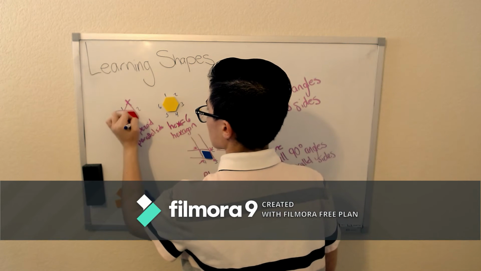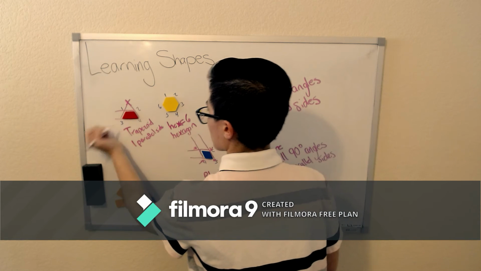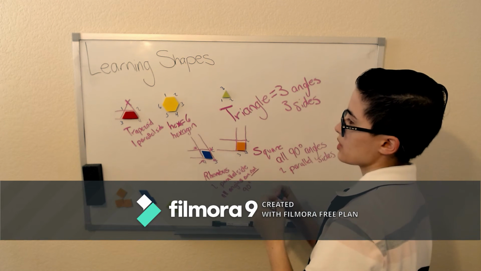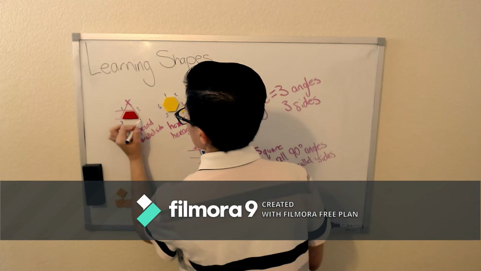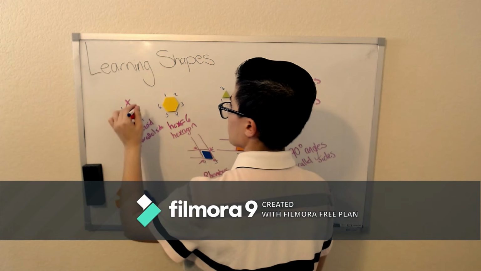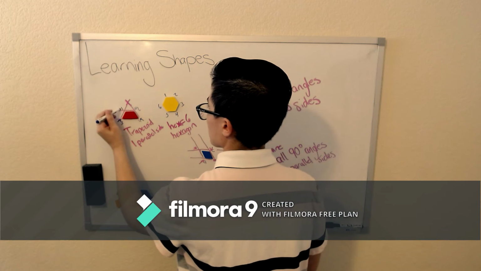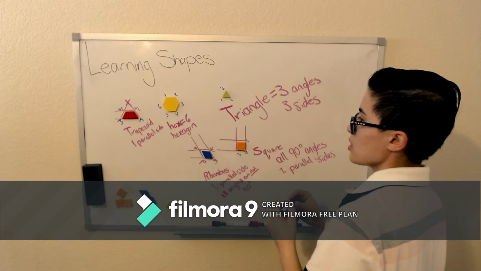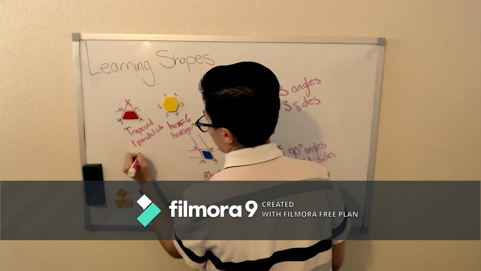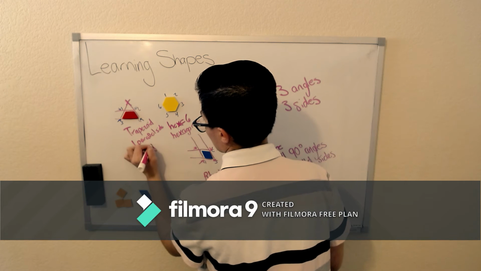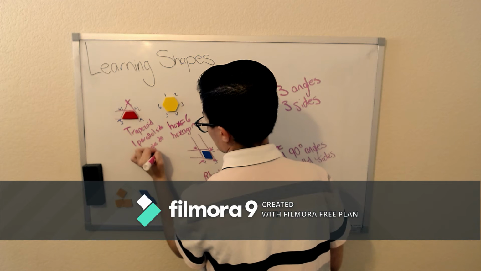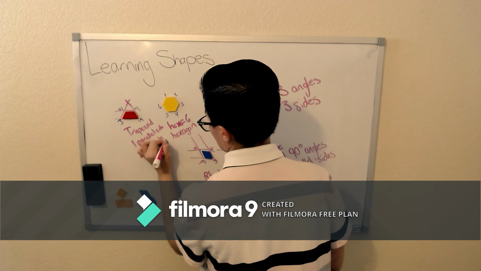It also has 4 angles like the square and the rhombus. This angle and this angle are the same, and this angle and this angle are the same, but they do not equal 90 degrees. So all angles do not equal 90 degrees.